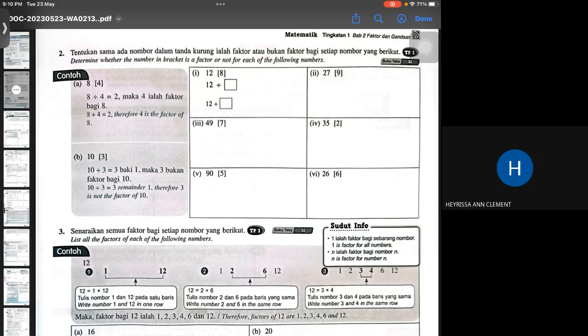You have to divide. If it divides fully, that means it is a factor. If you get a remainder after you divide, that means it is not a factor of the number.